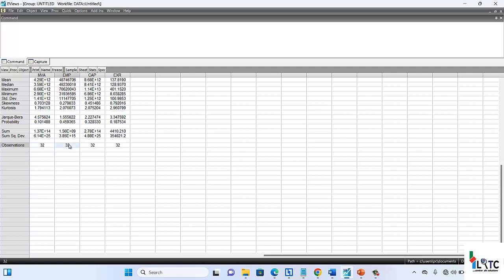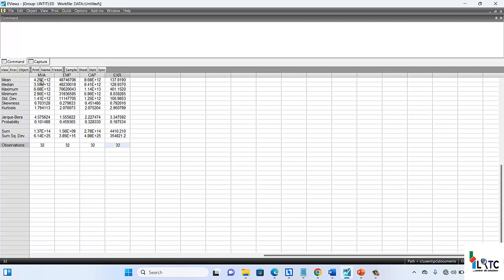If it is 2 missing data, it will be 30. So that's why I explained earlier that when you have missing data, you need to pick individual samples. But in a situation whereby you have complete data for all the variables, you just pick the common sample, and you can see from here that I have 32 all through.